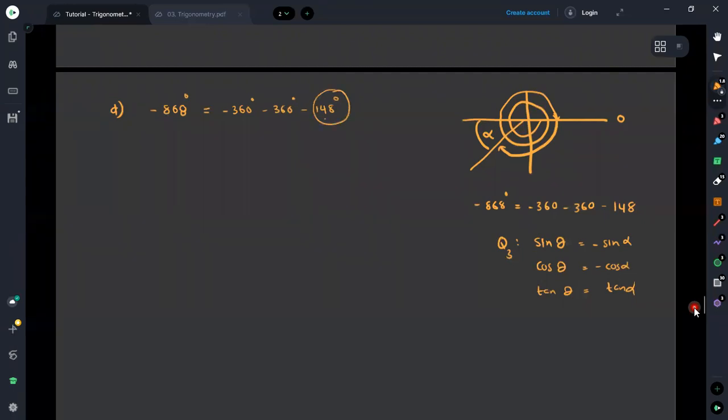Therefore, instead of 148, measuring in this direction, we can find the associate acute angle by taking 148 equals 180 minus 32 degrees.